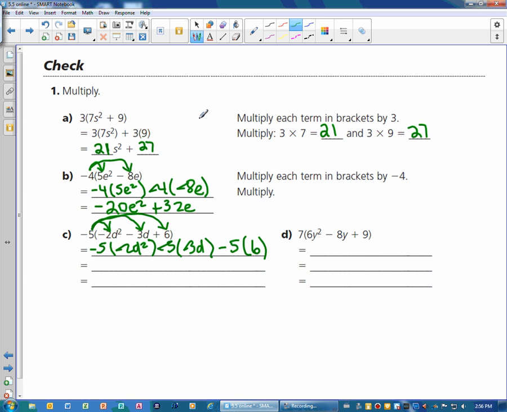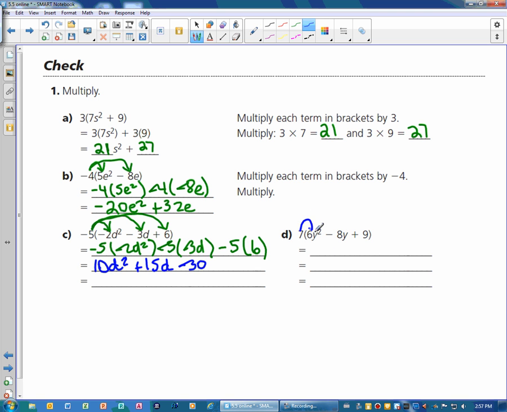Okay, and then just do the math. Negative 5 times negative 2d squared is positive 10d squared. Negative 5 times negative 3d is positive 15d. Negative 5 times 6, negative 30.